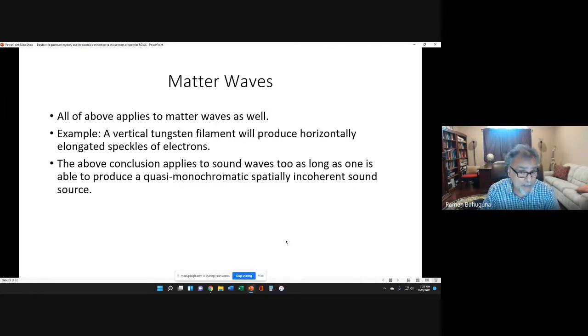The above conclusion applies to sound waves too, as long as one is able to produce a quasi-monochromatic, spatially incoherent sound source. It may not be easy, but if you can produce somehow a spatially incoherent sound wave, like a quasi-monochromatic sodium lamp source, you could get the same effect from sound waves also. That means the speckle has to go through both slits in order to get the interference of sound.